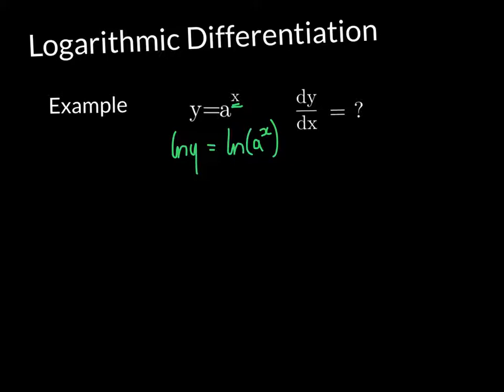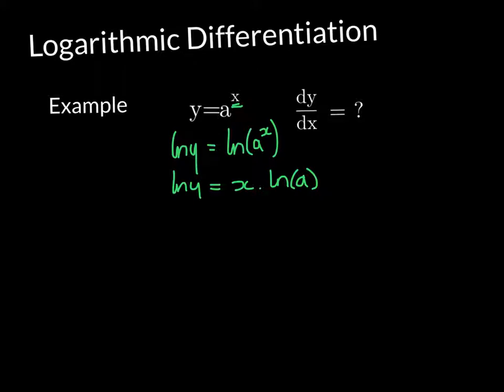And hopefully you'll remember from the log laws that we can write that the log of y is then equal to x times the natural log of a. That means that x is no longer a power. We have it there as a coefficient, so we can now look at differentiating this function.